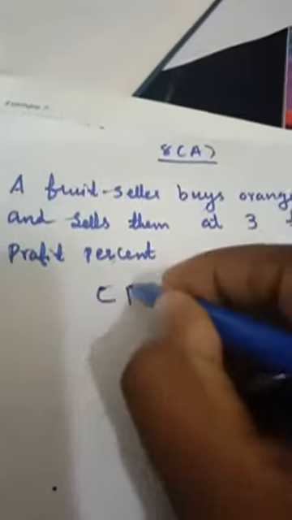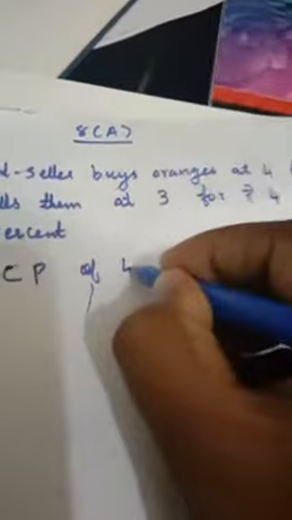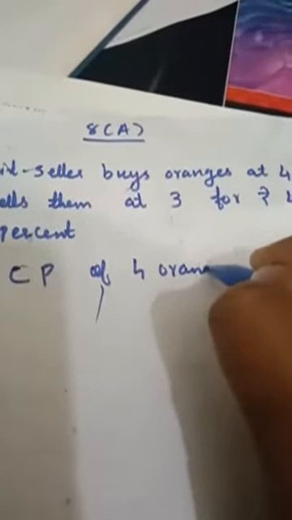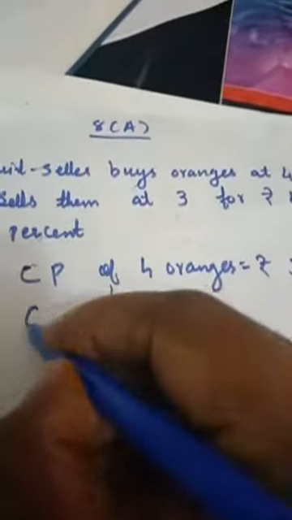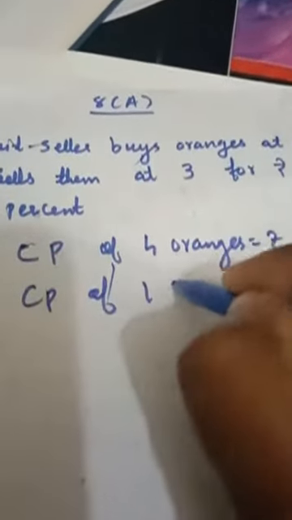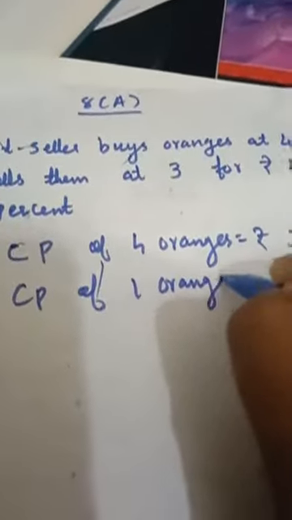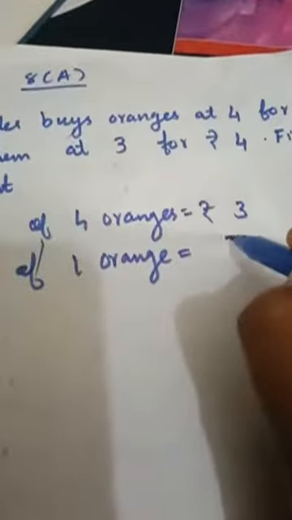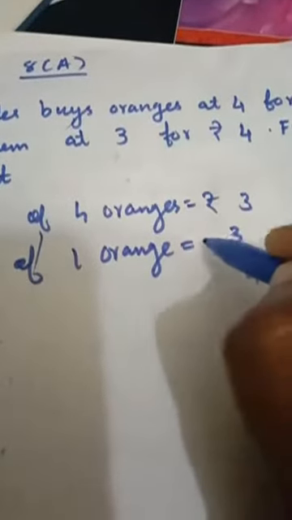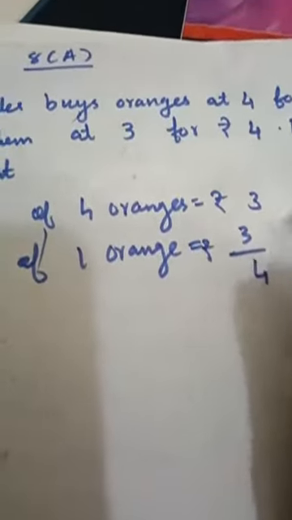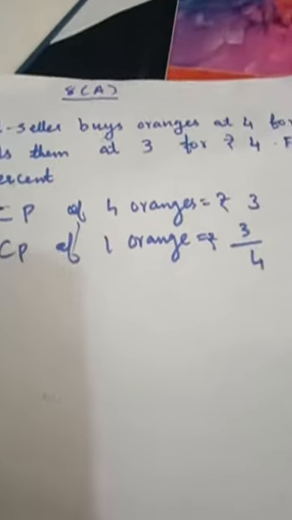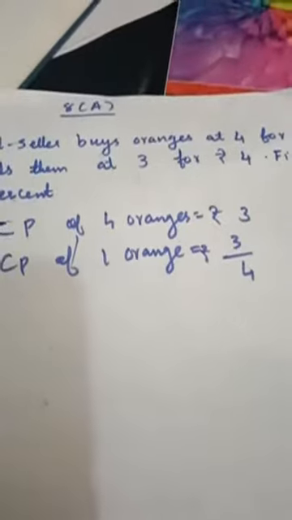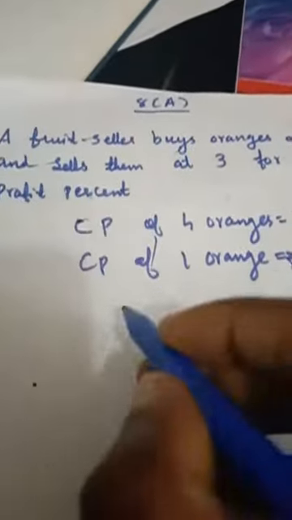First, CP of 4 oranges is equal to rupees 3. Now CP of 1 orange. How to find CP of 1 orange? 3 divided by 4, which means 0.75 rupees.